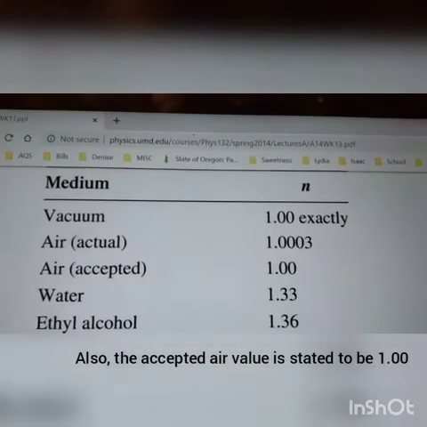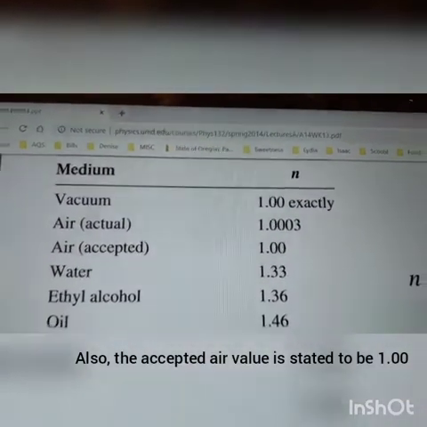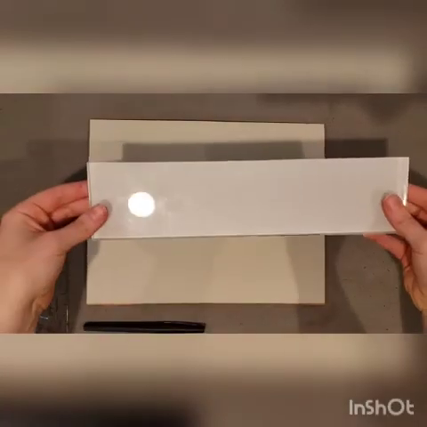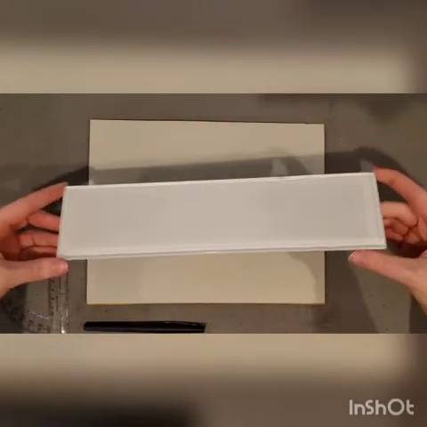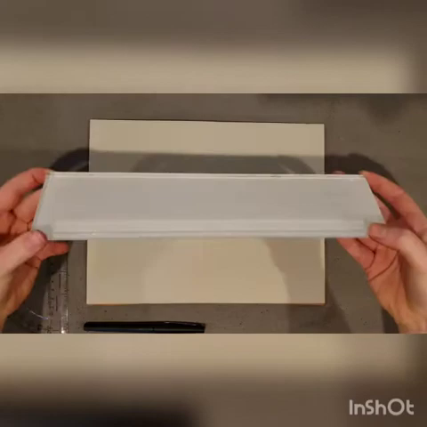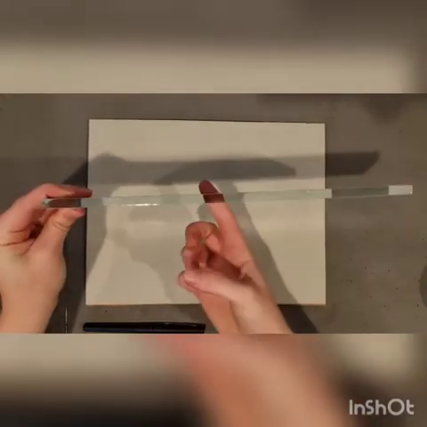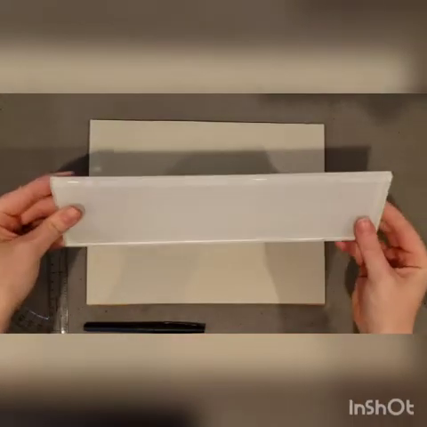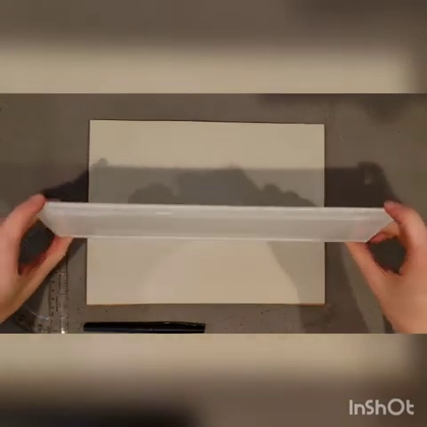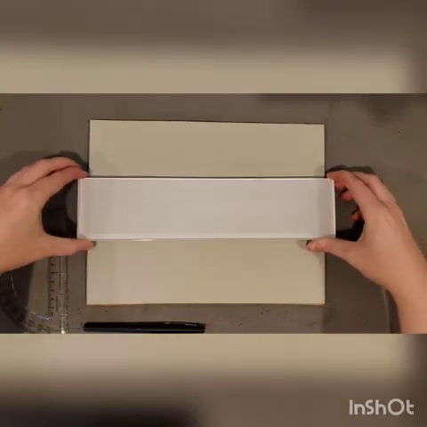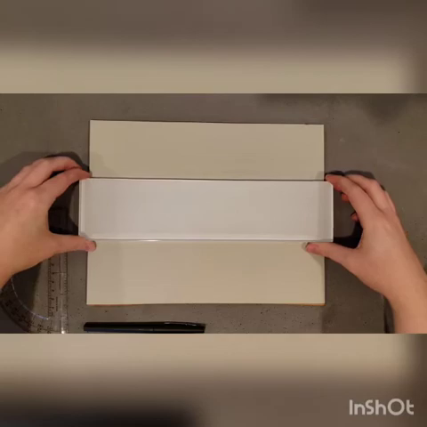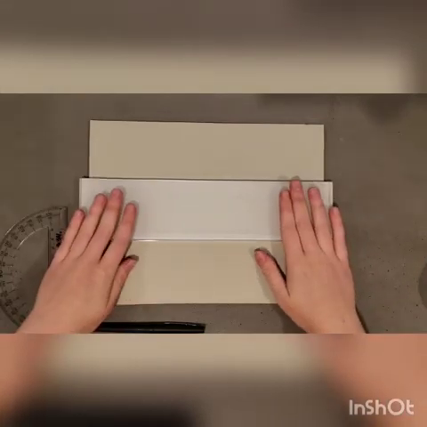This is found on physics.umd.edu. So to verify Snell's law, we'll use this piece of glass, which is a tile piece. You can see through the glass here.